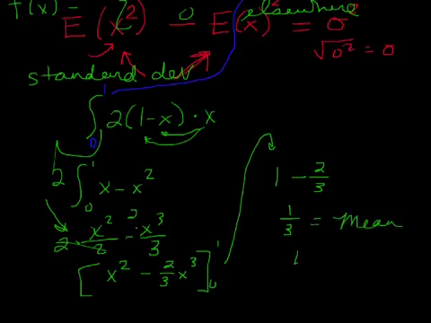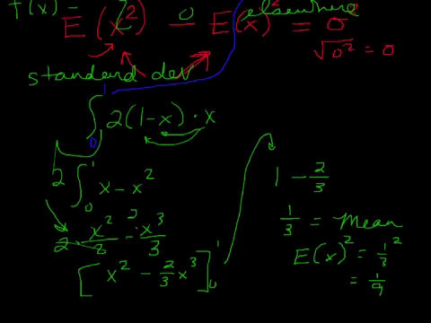So that is the mean. Or in symbols, that's the expected value of x. And so now I've got to square that. So if I want to square my 1/3, that gives me 1/9. Okay, so that's the second part of the formula. I have to do all that over again, only I have to do the expected value of x squared.